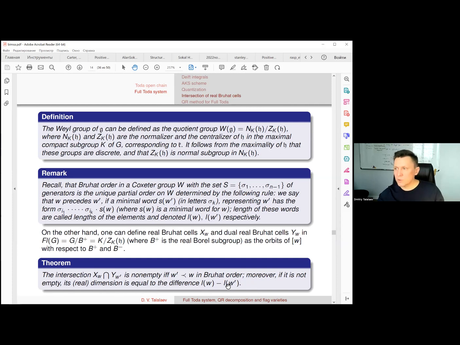The statement was known before in the complex situation, but the real version was demonstrated using the existence and the properties of the full Toda system. I will give some details how these are related.